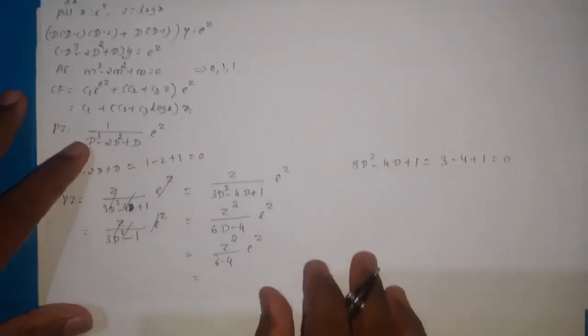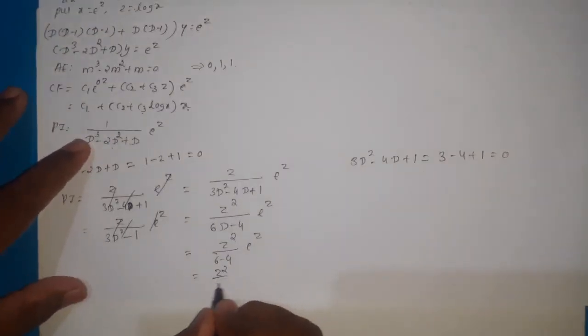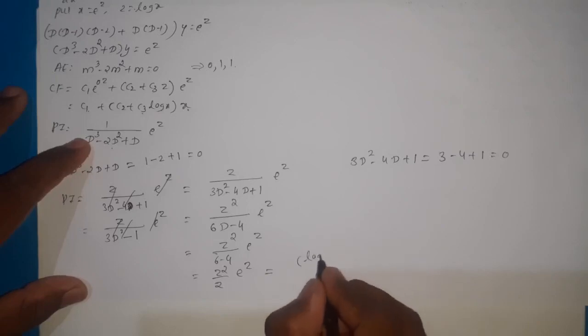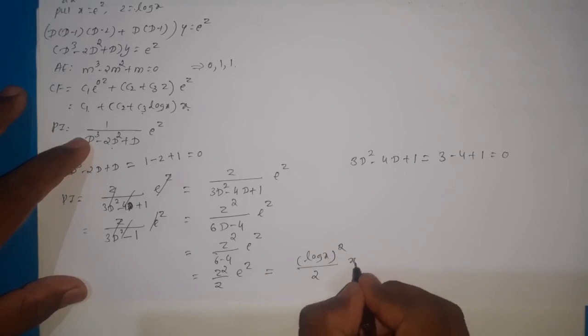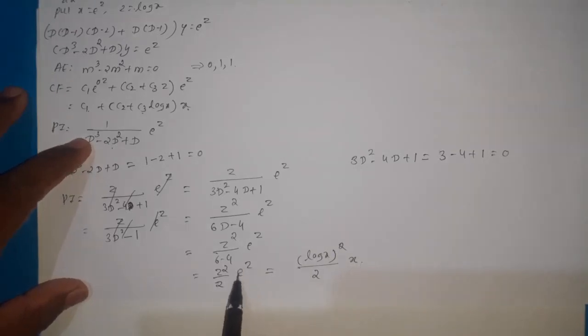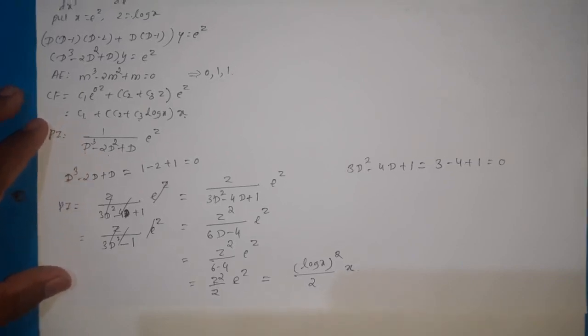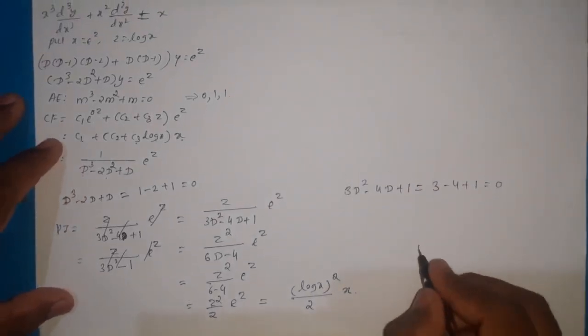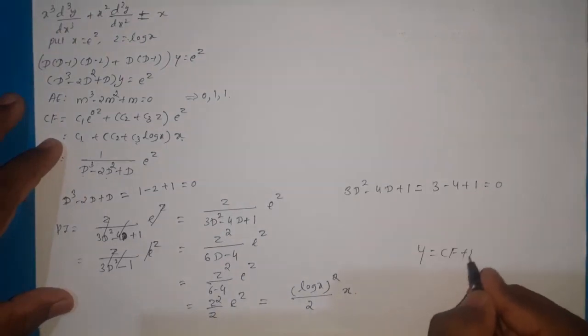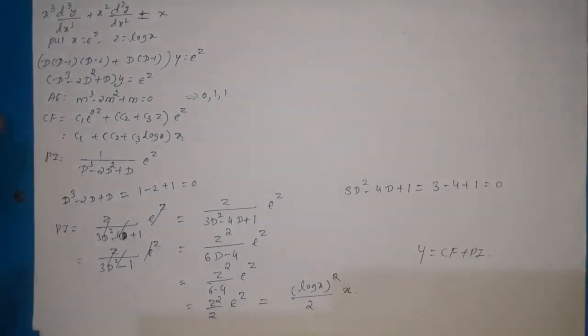So 6 minus 4 is 2, z square divided by 2 e power z, which is equal to log x whole square divided by 2 x. e power z equal to x and z equal to log x. So this is the particular integral required. Then write the complete solution y equal to cf plus pi.